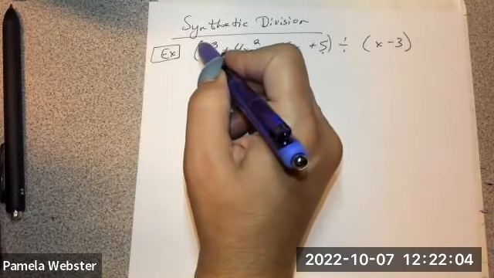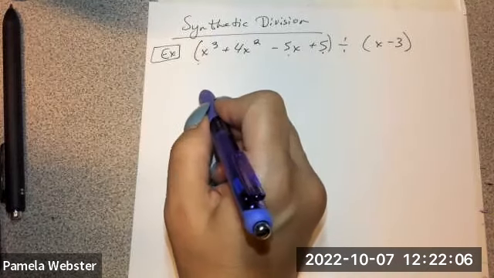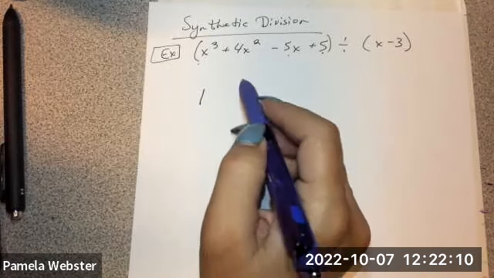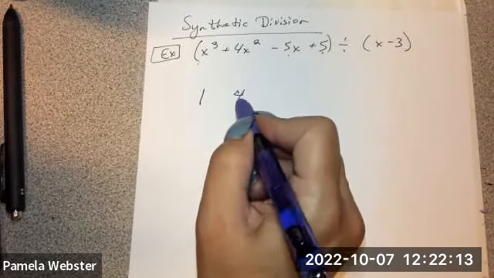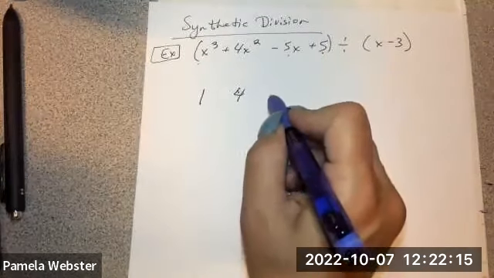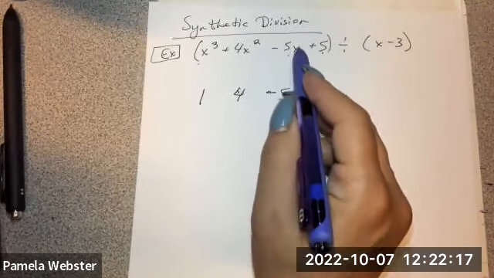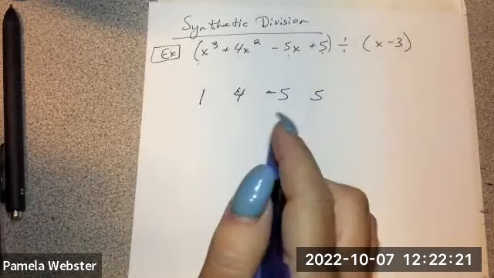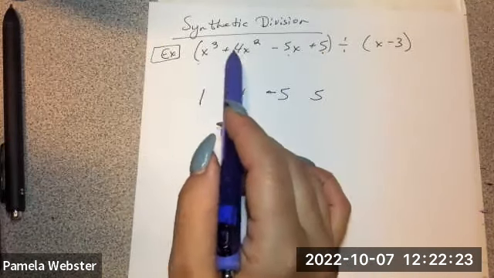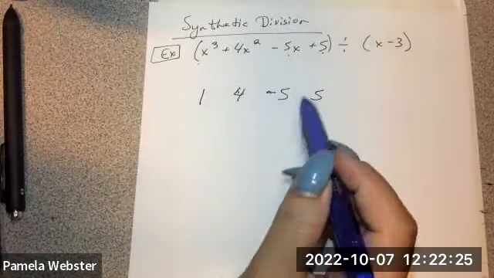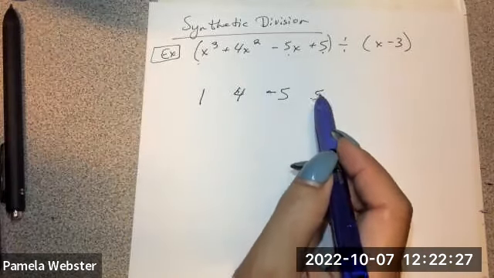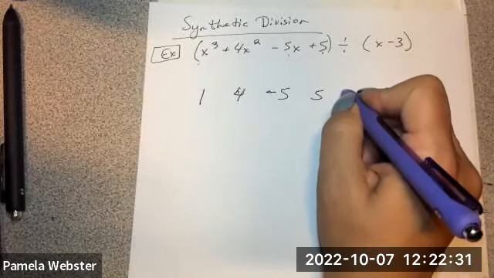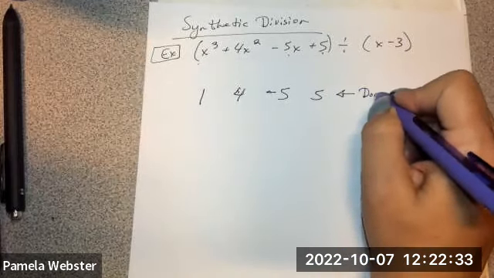Like there's a 1 in front of this, even though I'm not writing it. So I've got a 1x cubed. Leave a little space. I've got a 4x squared, leave a little space. I've got a negative 5x, and I've got a positive 5. So my coefficients up here are 1, 4, negative 5, 5. And whenever I look at those, the only thing I have to be really, really careful of is don't skip any exponents.